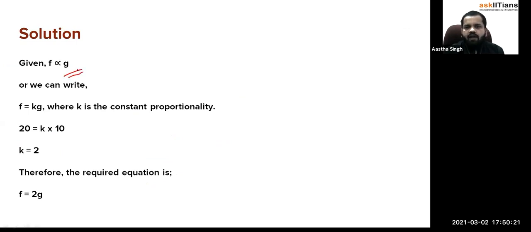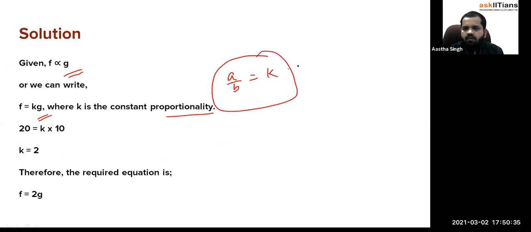Whenever we remove the directly proportional sign, we put a constant there, and also for the inversely proportional sign, we put a constant. Here in direct proportion, A upon B is some constant. I think you got the concept of what direct proportion and indirect proportion mean.